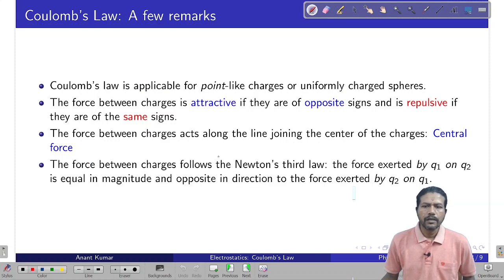And you should also notice that Coulomb's force follows Newton's third law, which means that the force which Q1 exerts on Q2 will be equal and opposite to the force which Q2 exerts on Q1.